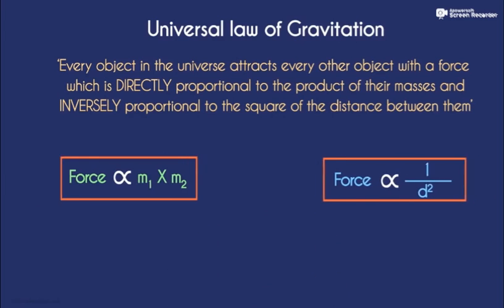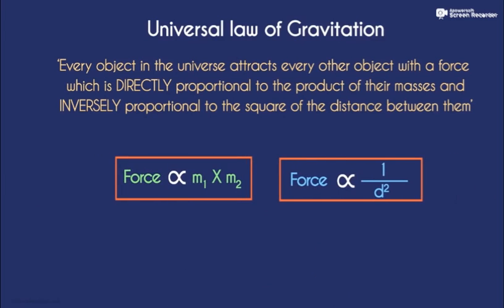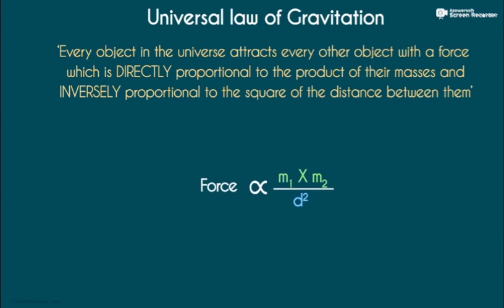With this data, we can convert it mathematically like this. So, if the mass of any of the objects increases, gravitational force will increase. And the more the distance between two objects, the lesser will be the gravitational force.